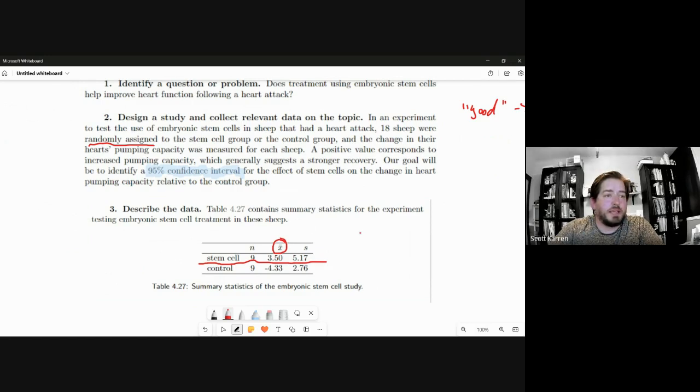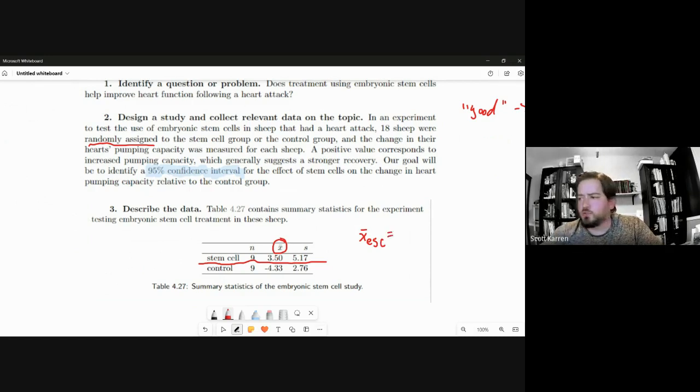So we can write this as X bar. They end up writing it as, what do they do? ESC, experimental stem cells, I guess. I don't know.